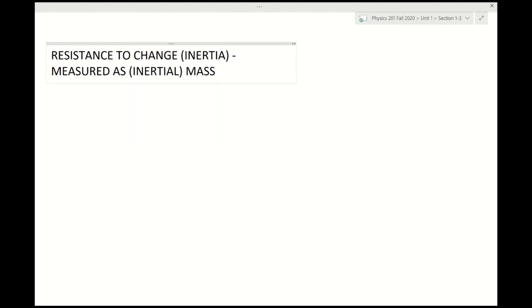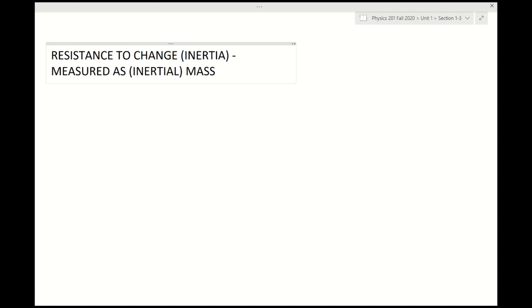So resistance to a change, inertia, is measured as inertial mass. This usage of inertia as a resistance to change, with Newton's laws, it is resistance to change in motion, but in fact, you'll sometimes see that now in common usage when it's concerning organizations and other things that are reluctant to change or slow to change.